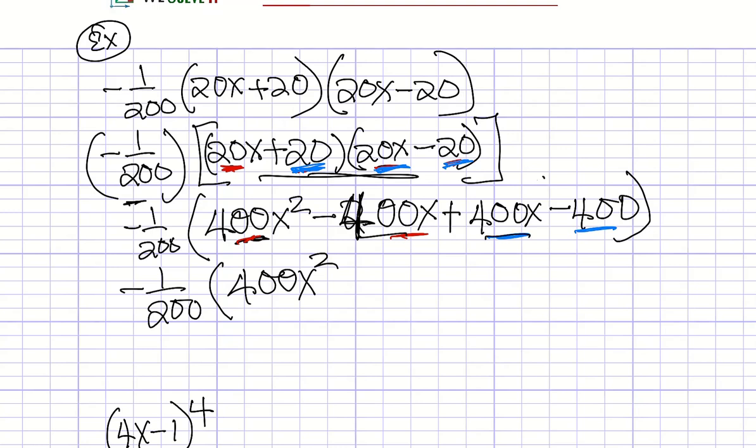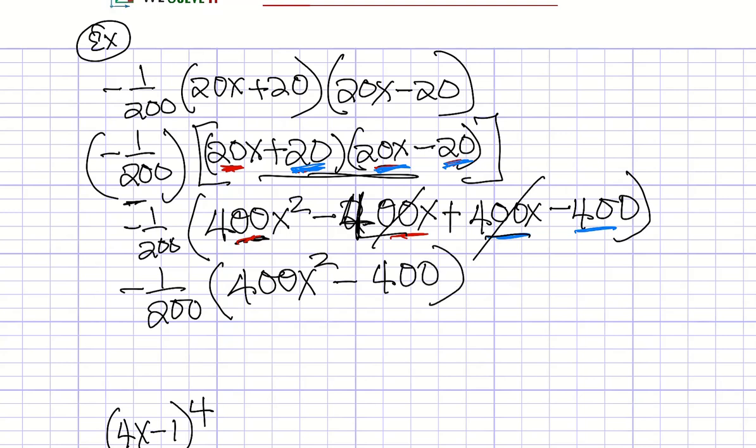Notice that they cancel each other out. So that's good. Anything that cancels is good for us. We don't have to worry about that. Once we cancel it out, it's gone. Okay. And then we'll come back and say it's minus 400.